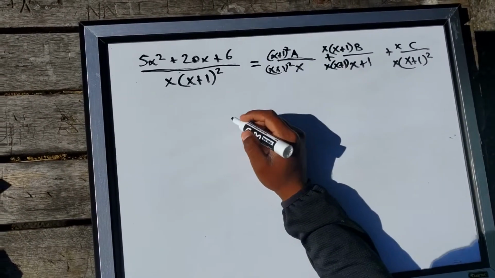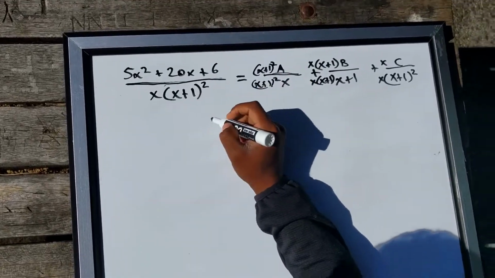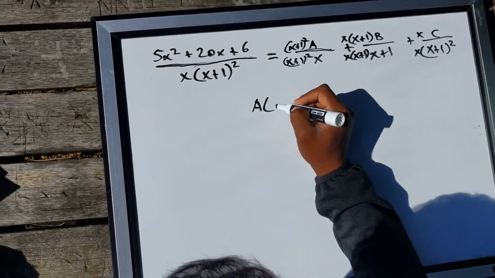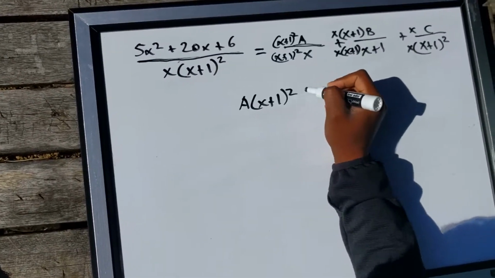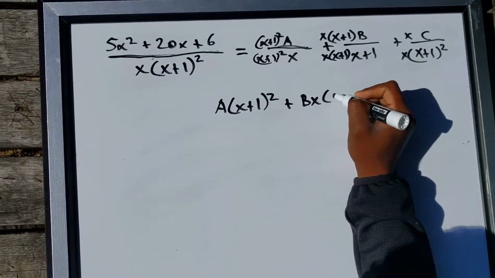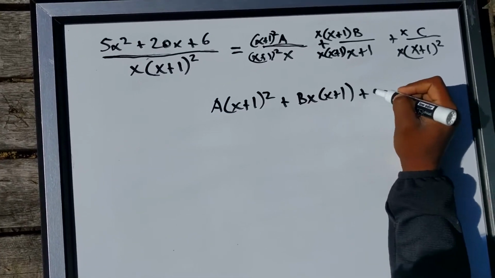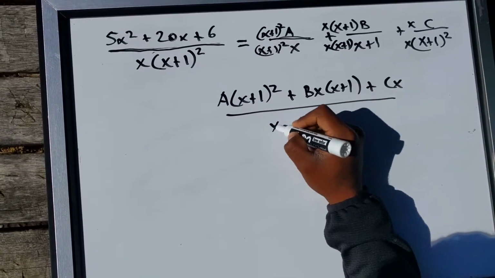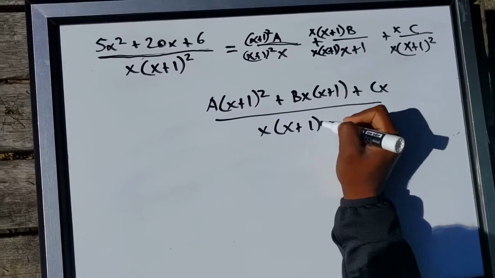And so if we simplify this, we'll get A times (x plus 1) squared plus Bx times (x plus 1) plus Cx, and this will be over x times (x plus 1) squared.